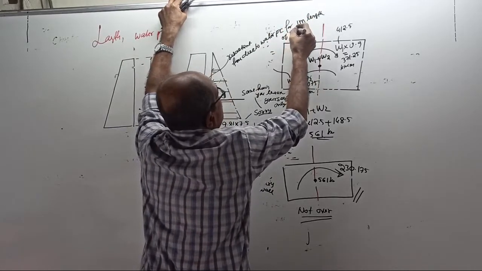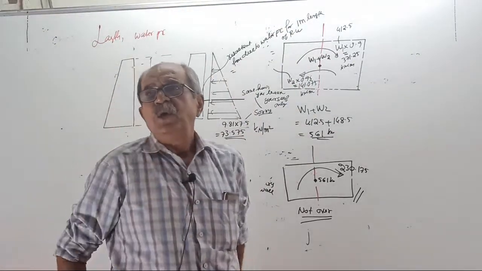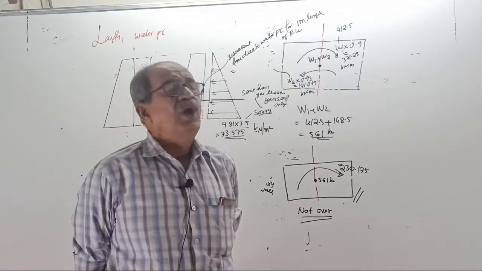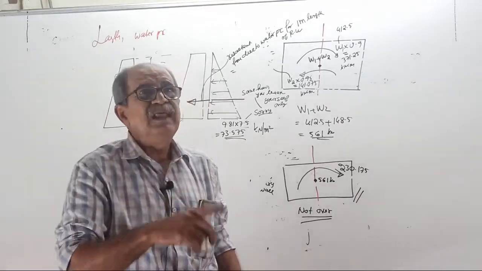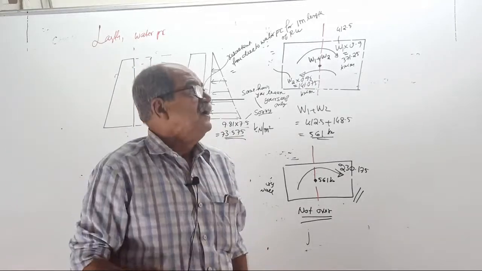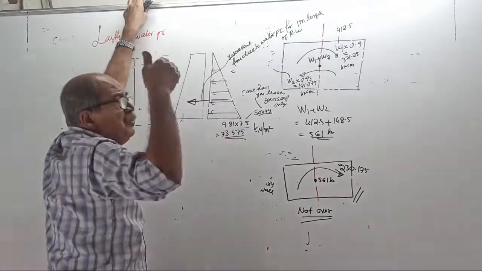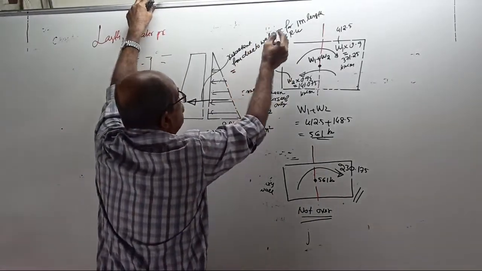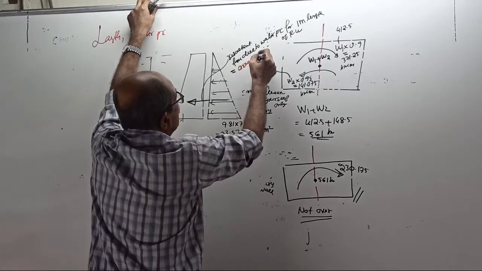You should know one thing, today only write: whenever a pressure diagram is given, either soil pressure diagram or water pressure diagram or pressure diagram on footing, if you consider 1 meter length in the direction, not this way, then the pressure resultant force is always equal to the area of the pressure diagram.